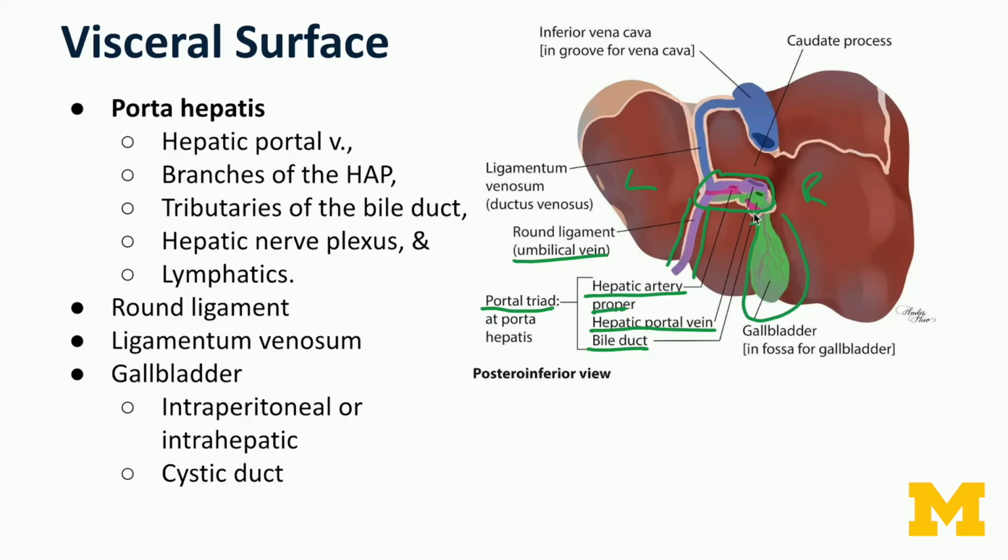And there is a cystic duct that connects the gallbladder to the biliary tree, and bile secreted through the right and left hepatic ducts through then the common hepatic duct will meet up with that cystic duct and move bile from the liver into the gallbladder for storage, where it can then be secreted down a common hepatic duct, as we'll see.